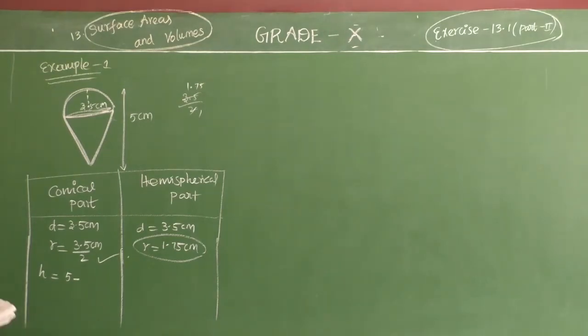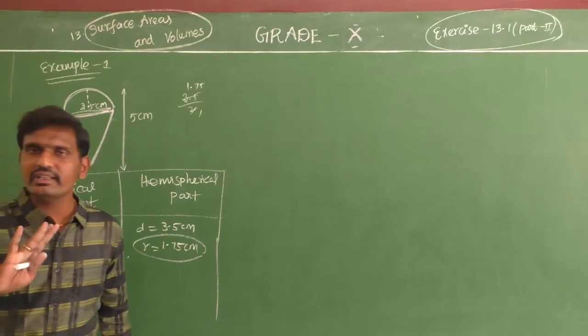Now I am going to subtract this from the total height of the top, by 3.5 by 2 or otherwise 1.75, whichever is your wish.